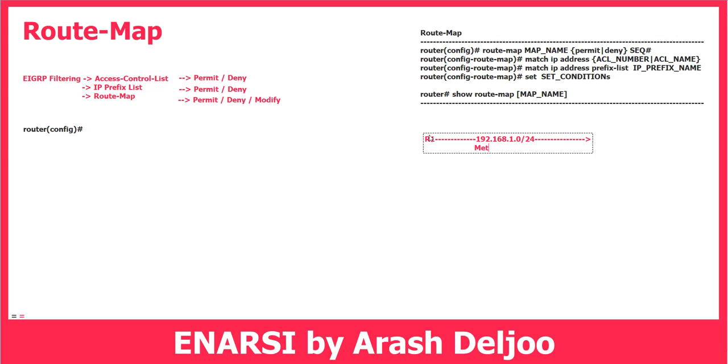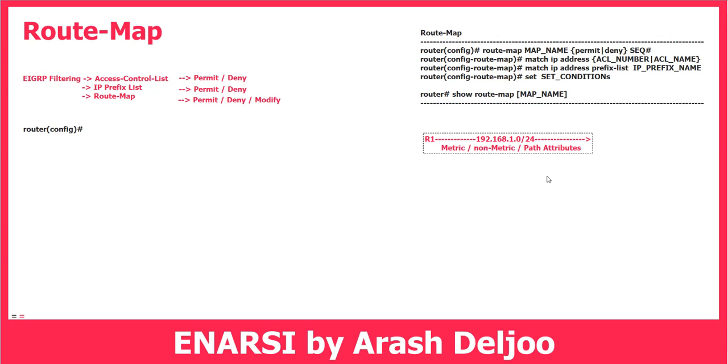For example, we have metric parameters, we have non-metric parameters in some routing protocols, we have path attributes. You will learn about them, don't worry. But the ACL and also the IP prefix list cannot change these values. With the roadmap, beside filtering, beside permitting or denying the update, you can change these values: the metric, the non-metric parameter, the path attribute, and some other things.